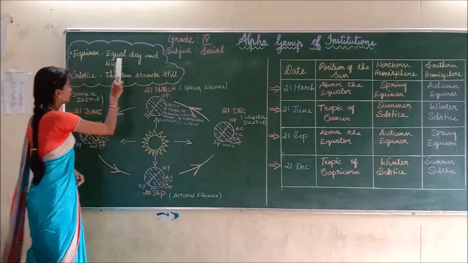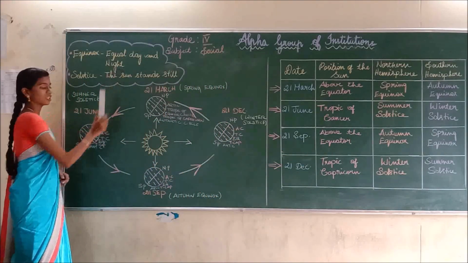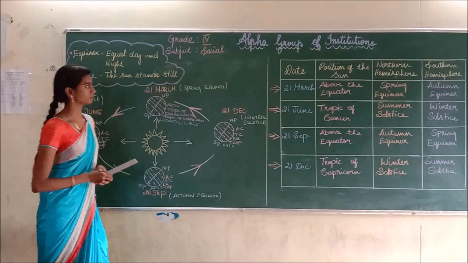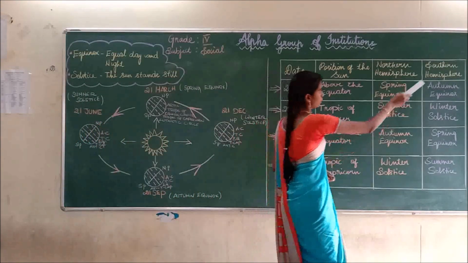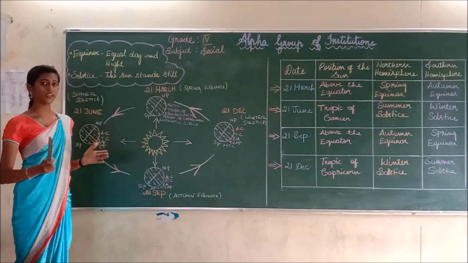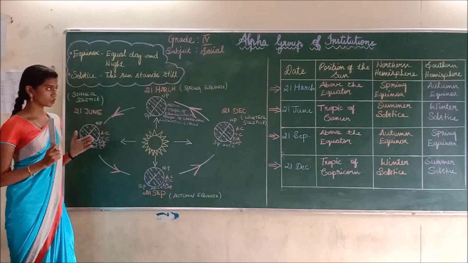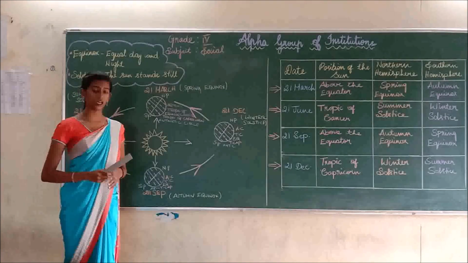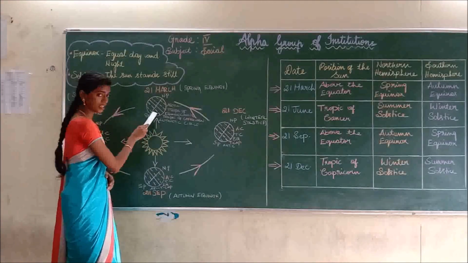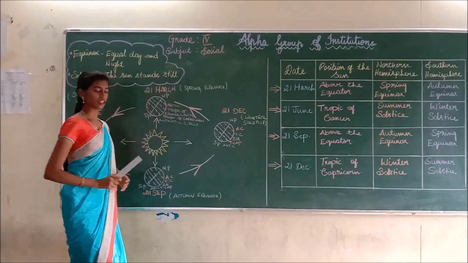Equinox means equal day and night. Likewise, the southern hemisphere has autumn equinox.